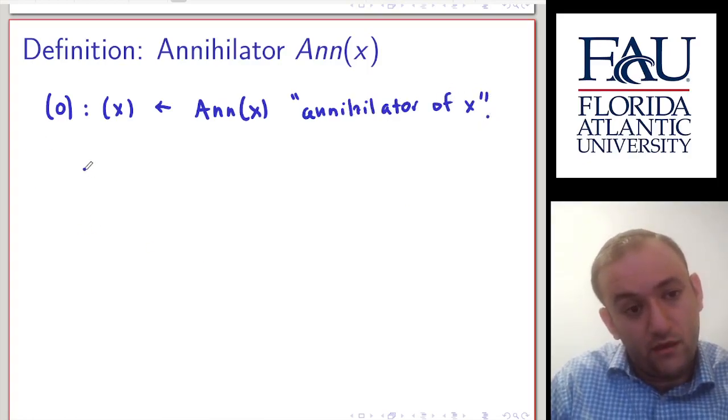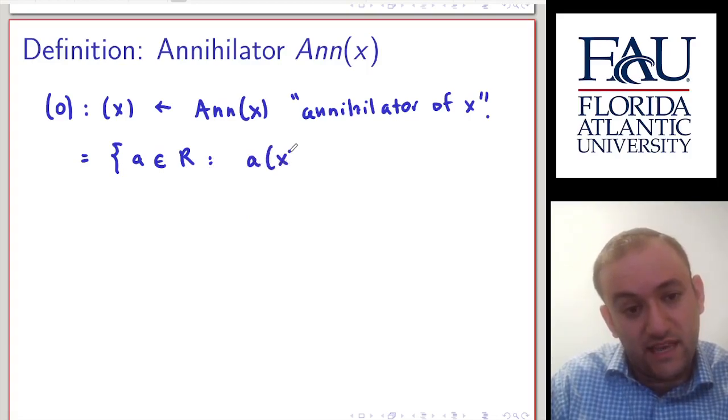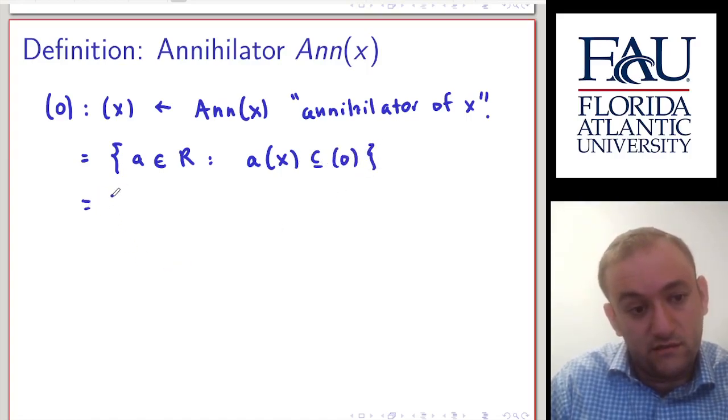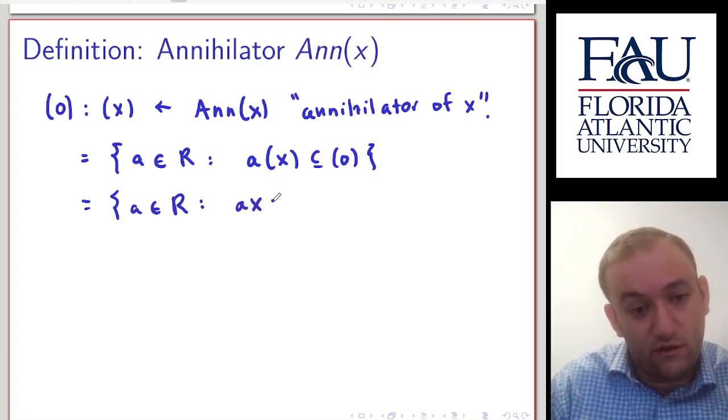Okay, and it's defined in the same way as the ideal quotient. It's the set of a in R such that a times x is contained in the 0 ideal. In other words, a in R such that ax equals 0.